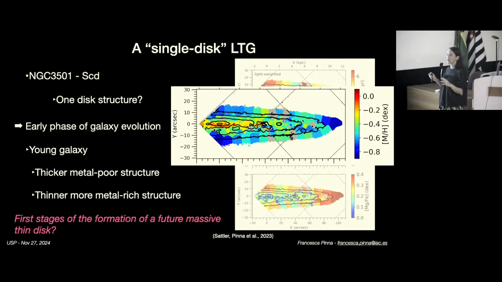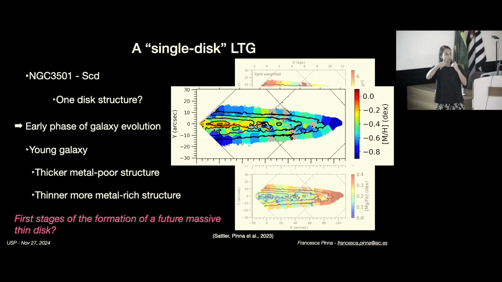So the galaxy is in general metal poor, which also fits the same idea that this type of galaxies have a slower chemical evolution. But there is something else here, because apart from the thicker structure, which is metal poor, we do see a much thinner metal-rich disk, which has grown here in the center.